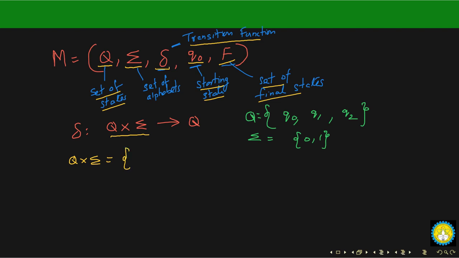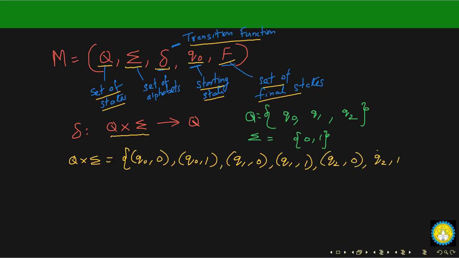I can write it as ordered pairs: Q0, 0; then Q0, 1; similarly Q1, 0; and then Q1, 1; also Q2, 0; and again Q2, 1. So this is the Cartesian product of Q and sigma.